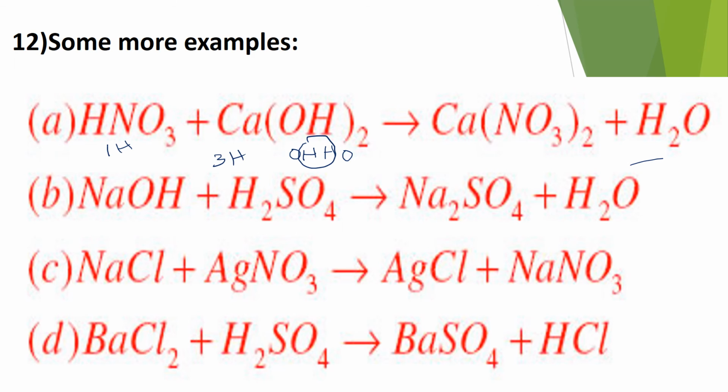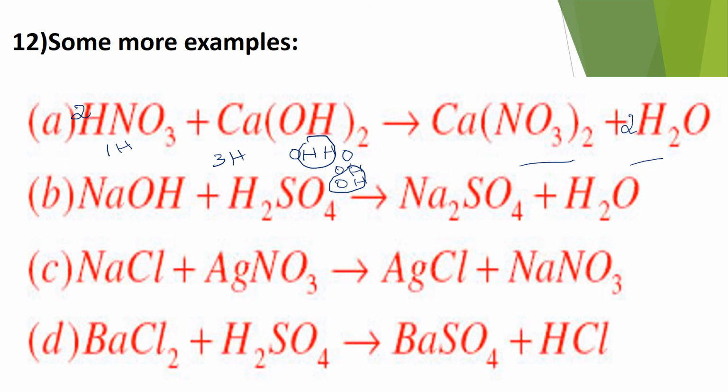But here you can see OH and OH, so 2 are there, and one H2O. So let me write that properly. OH, OH, one H2O is here and one H and O. So what you need to do is make it 2 water molecules. Let me write 2, and the nitrate ion is 2 here and here only 1, so make it 2. 2HNO3 combines with 1 Ca(OH)2 to form Ca(NO3)2 plus 2H2O.